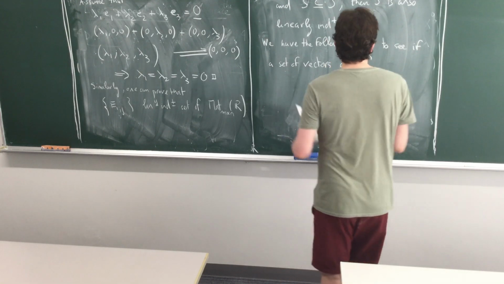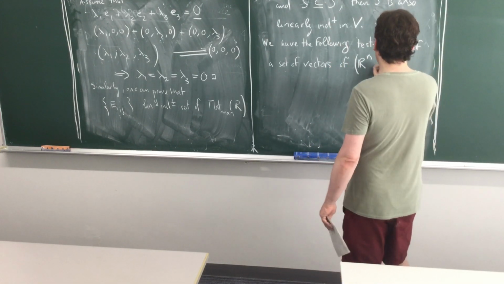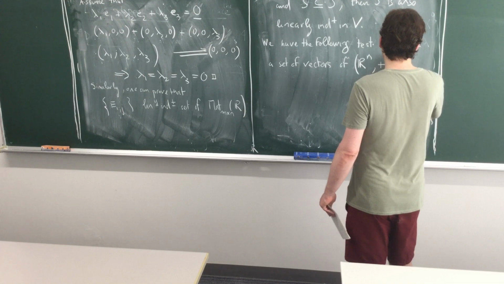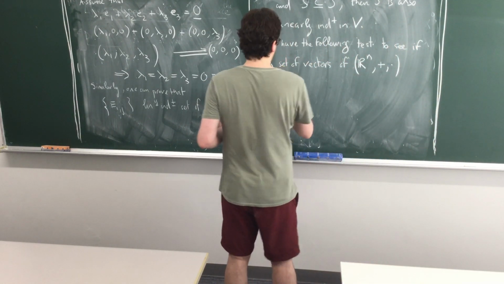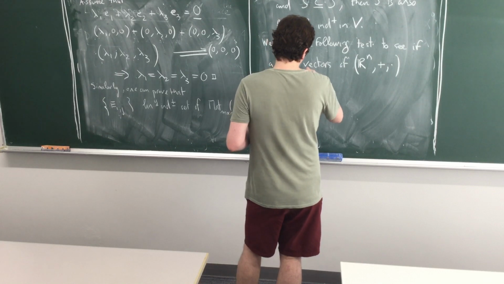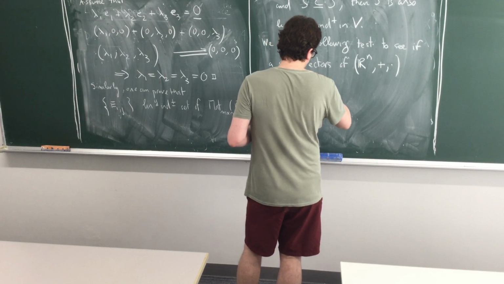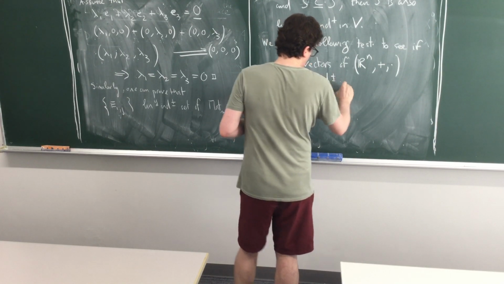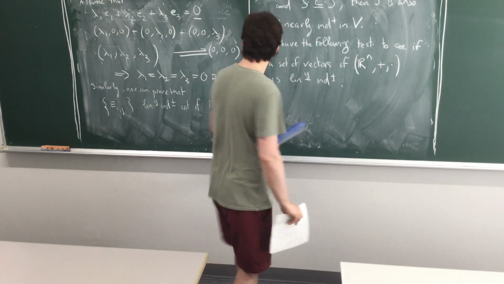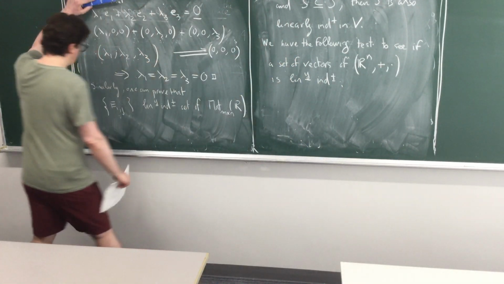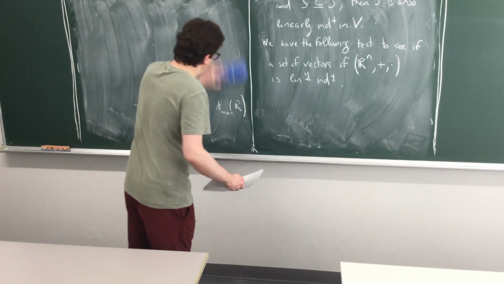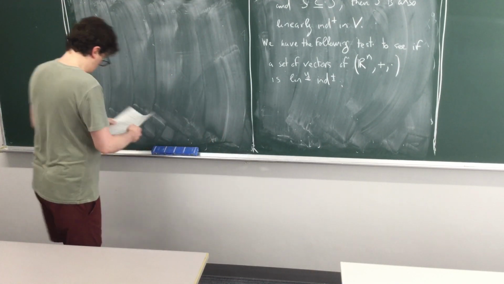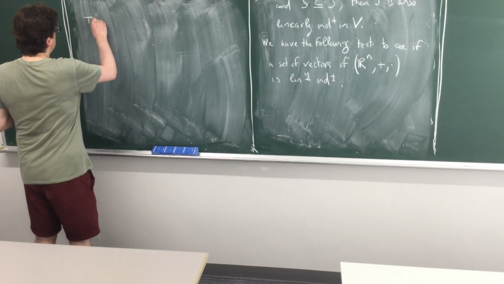So in the special example where you take a subset of this vector space R to the n is linearly independent. Okay, so what is this test? Let's call this a theorem.